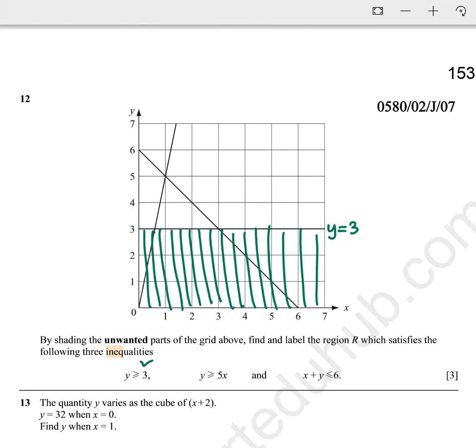If you observe carefully, this equation will change to y equals 5x plus 0. So the line that has the y-intercept 0 is this line. So this line over here is y equals 5x. And we are supposed to shade the unwanted region, meaning everything that is to the left of this line. So now, shading this side.